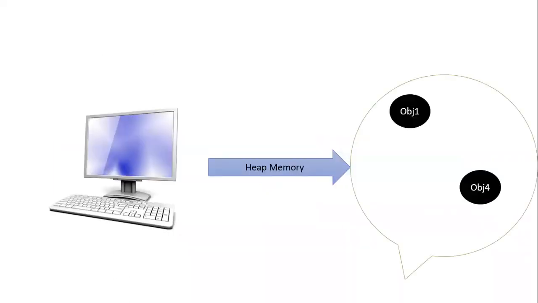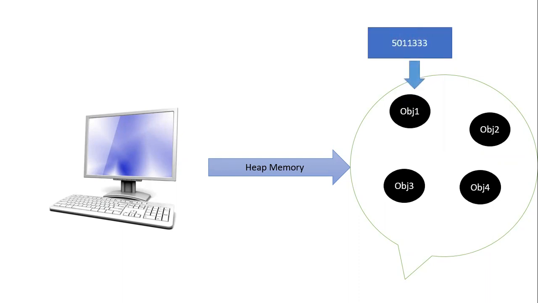Now, a computer has a heap memory, and all the objects are created on that heap memory. So all the instances, or the physical existence of the class, come into being when you create an object of a particular class. Every object has an address in the memory.